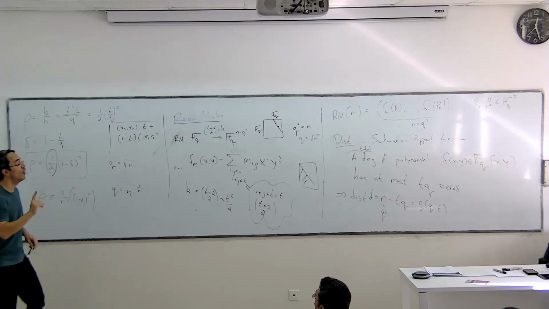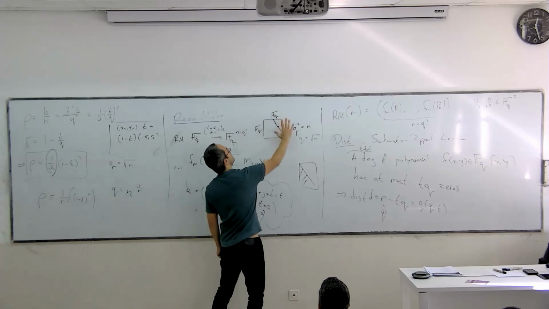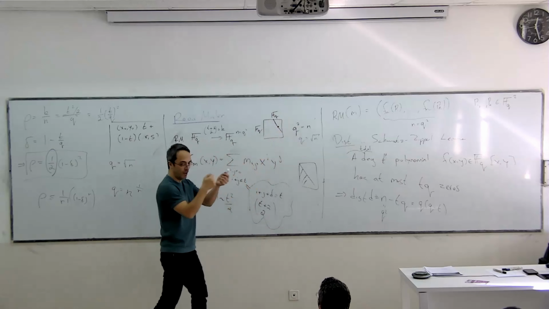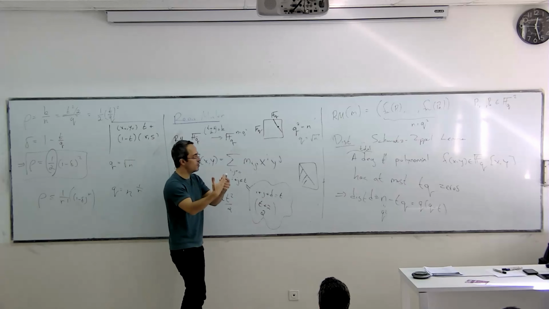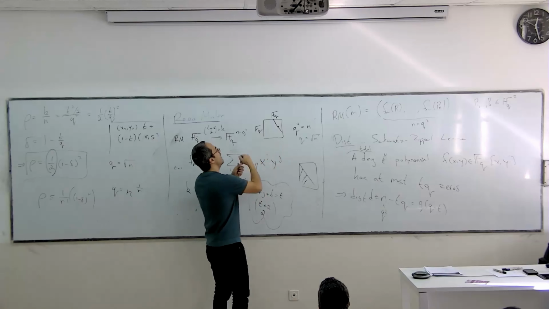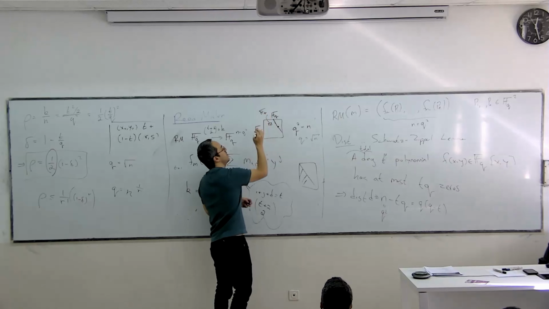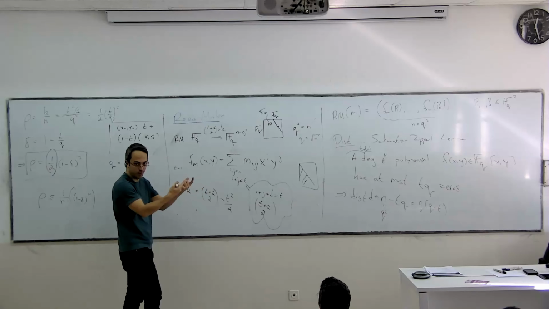Okay, I see what you're saying. These are not the points that are the message. This is the message. This is the codeword. So you have a message, and you evaluate the polynomial corresponding to the message on the plane. In every entry here you have an FQ element, which is the evaluation of the polynomial at that point.